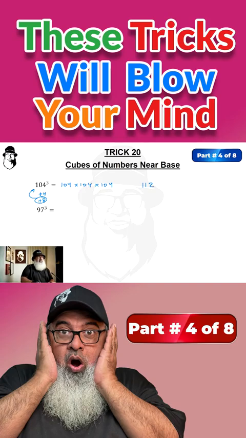Second part is we look at the deficiency here or surplus here. It's 112. We have surplus of 12 here. The second part is we multiply both the surplus or deficiency. Plus 4 times plus 12 is 48. That is the second part of the answer.